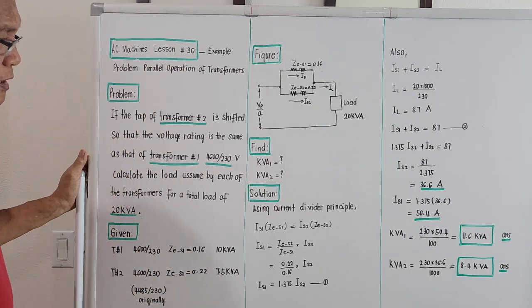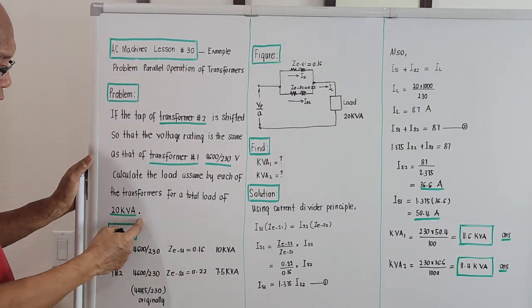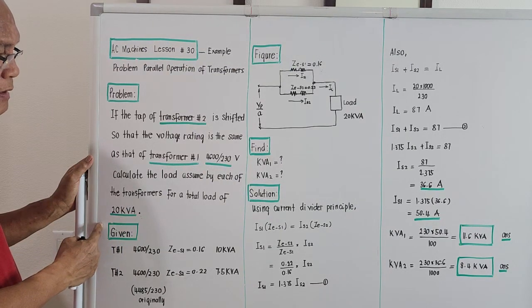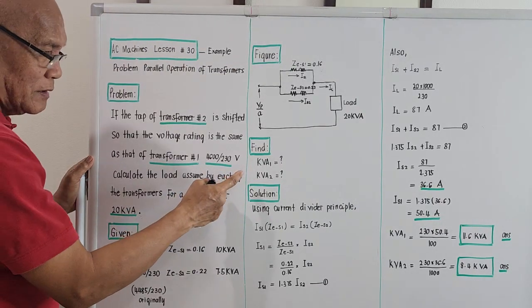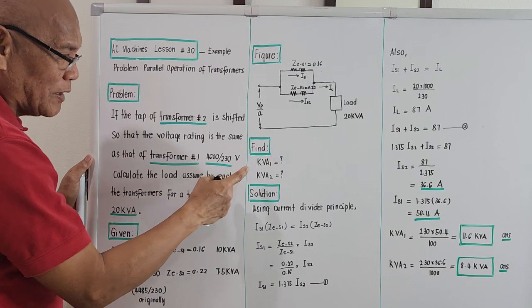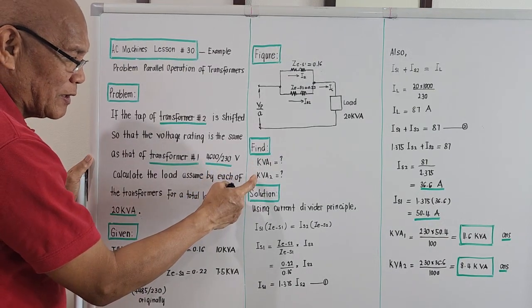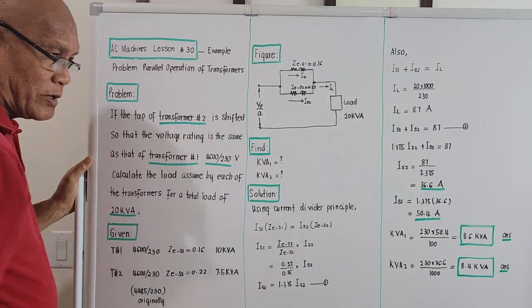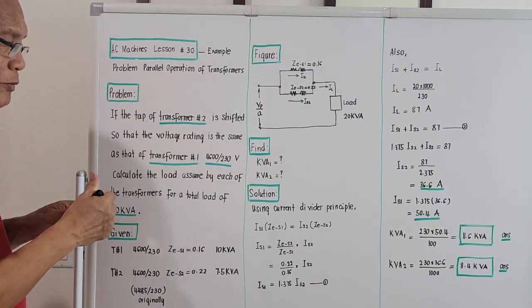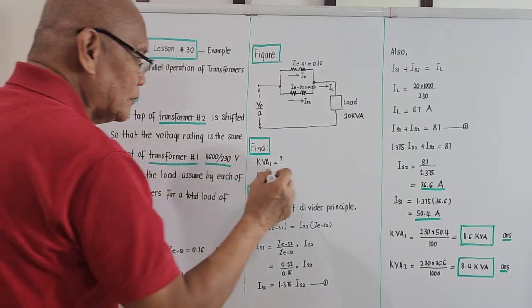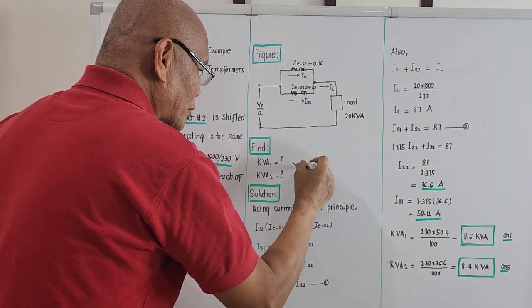The problem is asking for a total load of 20 kVA. What will be the apparent power carried by transformer number 1 and what will be the apparent power carried by transformer number 2? The total load is 20 kVA.